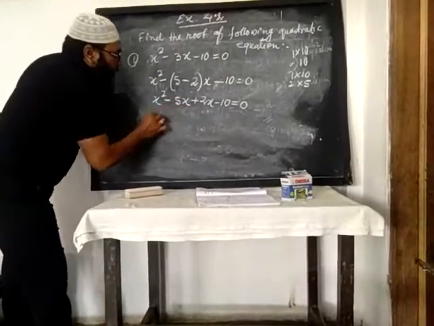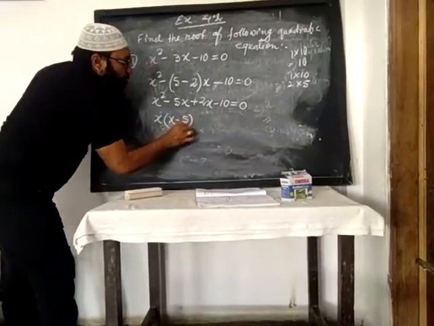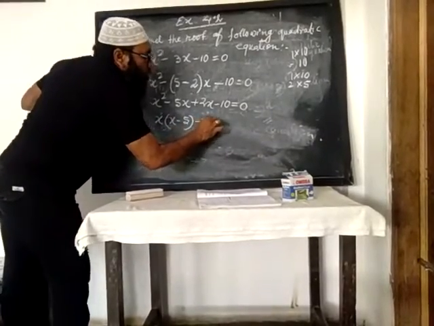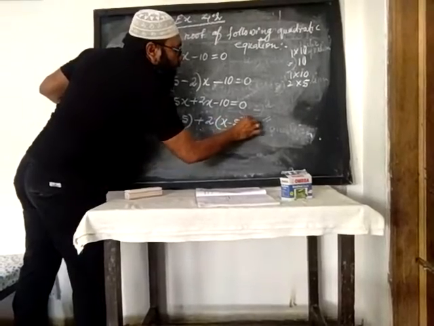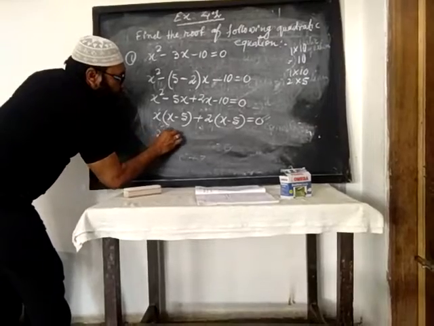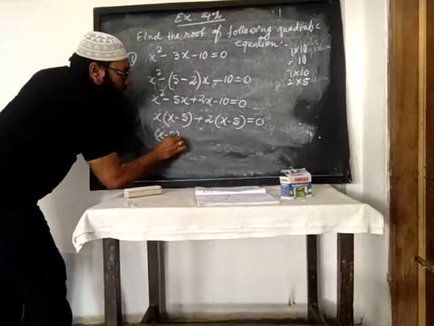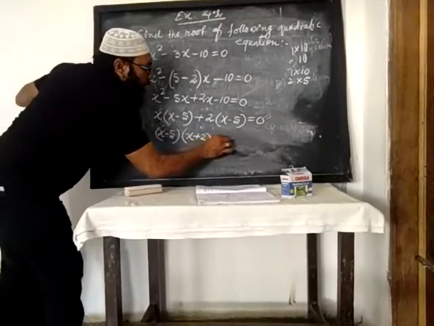Now x is a common factor: x minus 5 plus 2 times x minus 5 equals 0. So x minus 5 times x plus 2 equals 0.